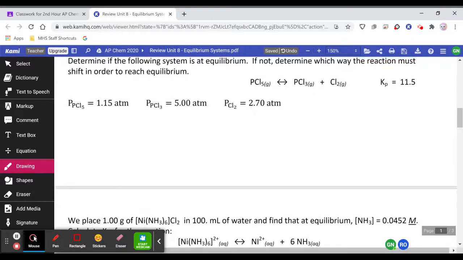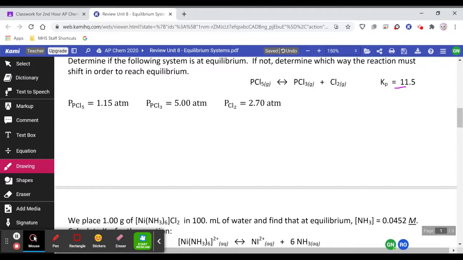Okay, for this one, we have to determine if the following system is at equilibrium. If not, determine which way the reaction would shift in order to reach equilibrium. How am I going to do that? What am I going to need to solve for? Q. Yeah, they give me a K. And so to see if this is at equilibrium, we're going to have to solve for Q and then compare it to K to see which shift we're going to have or if it's already at equilibrium.